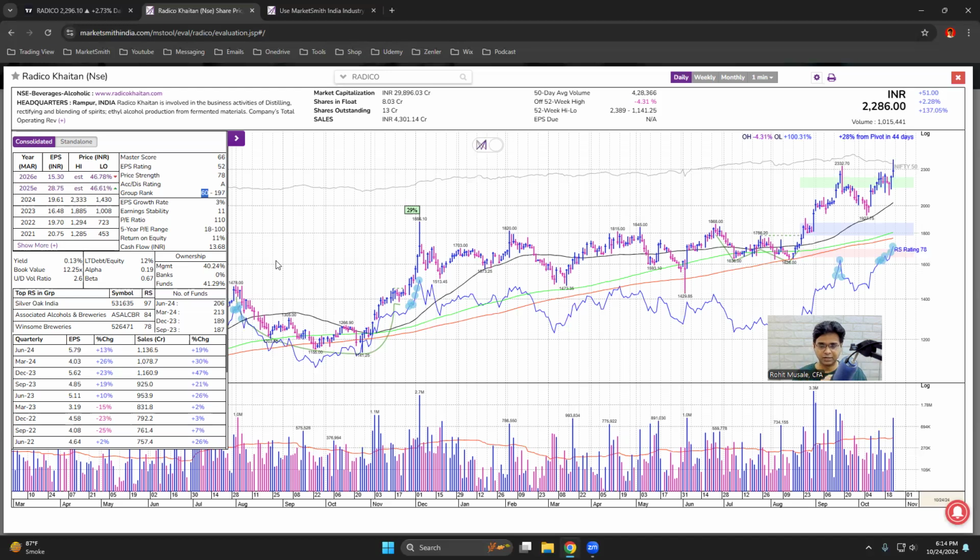As a professional trader, you should know how much time you should give to a stock on the breakout day. If a stock is displaying good relative strength, good technical strength, good fundamental strength, I will give it some time on the breakout day. Probably I will hold it till the end of the day.